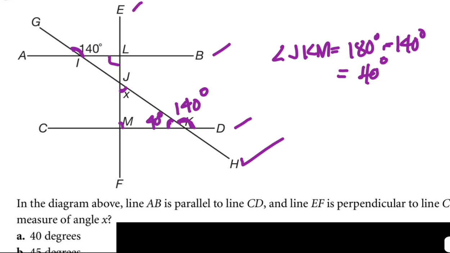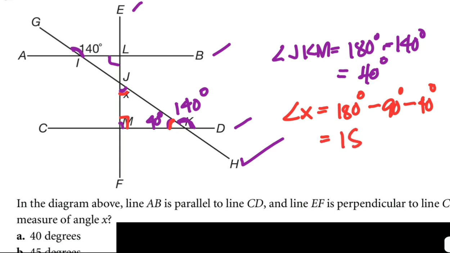And take note that the sum of the measures of the angles in a triangle is also 180 degrees. Since we already knew that angle JMK is a right angle and it measures 90 degrees, and angle JKM is 40 degrees, therefore angle X here is just equal to 180 degrees minus 90 degrees minus this angle, which is 40 degrees.